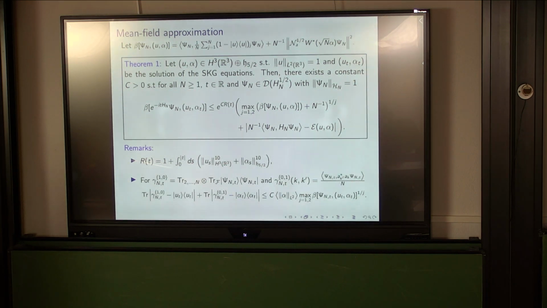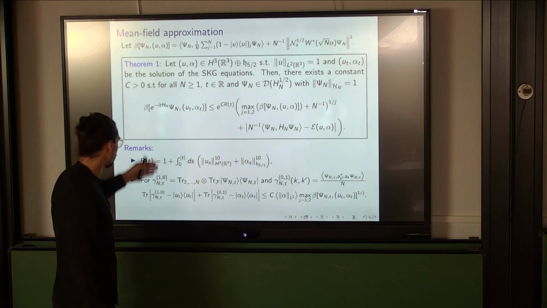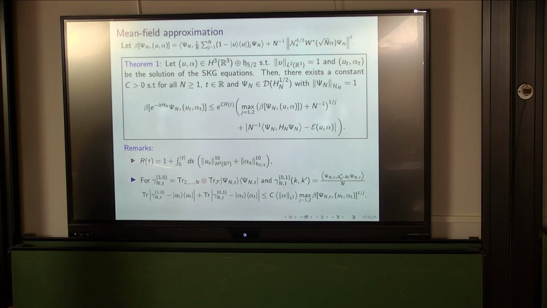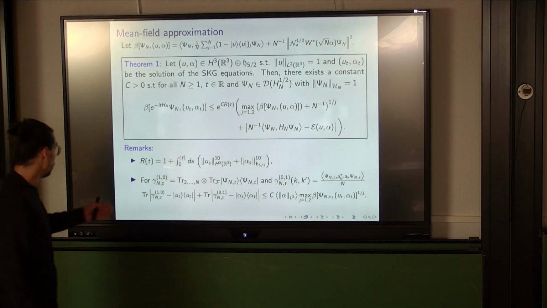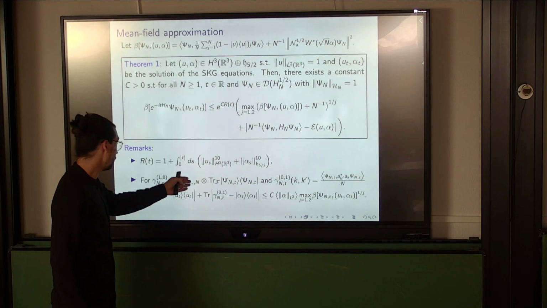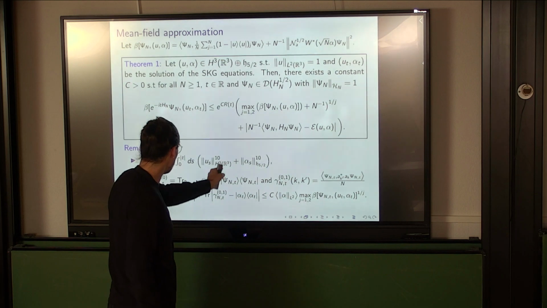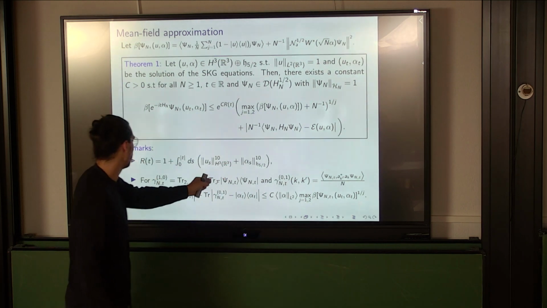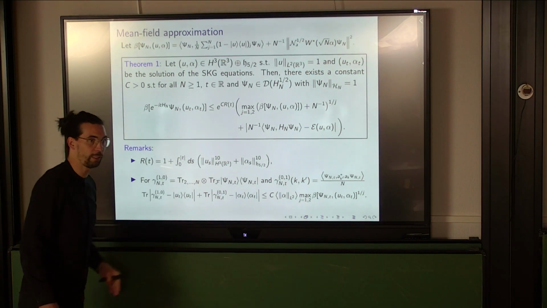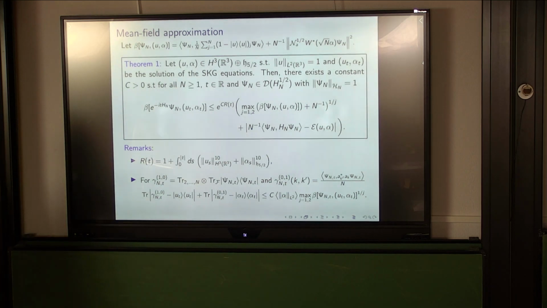Also, like in the talk of François Gauls, one can connect these functionals to trace norm convergence of reduced density matrices. So if I look at the one particle reduced density matrix, by looking at the projector onto the many-body state and then tracing out the degrees of the Fock space and of all particles except the first one.